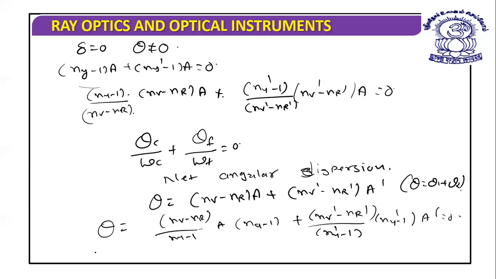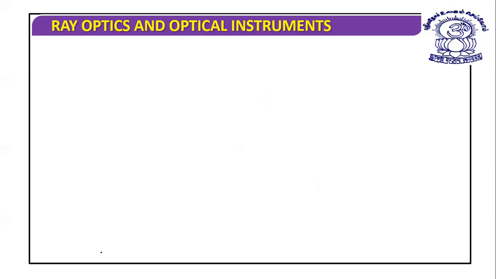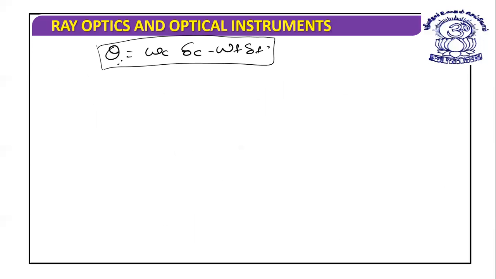So we can write theta is equal to omega c into delta c minus omega f into delta f. This is the condition for dispersion without deviation.